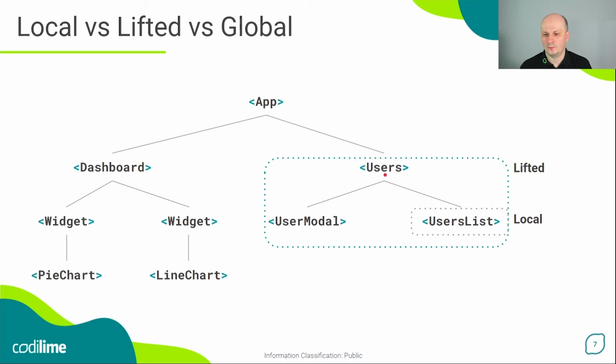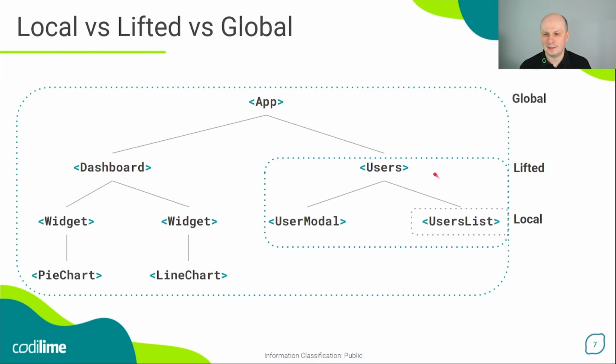The lifted state is when we create the state in a users level component and we pass it down to user model and users list components to be consumers of this state. And the global state is when we create this state at the top of the application and all the components in our application are able to consume it.